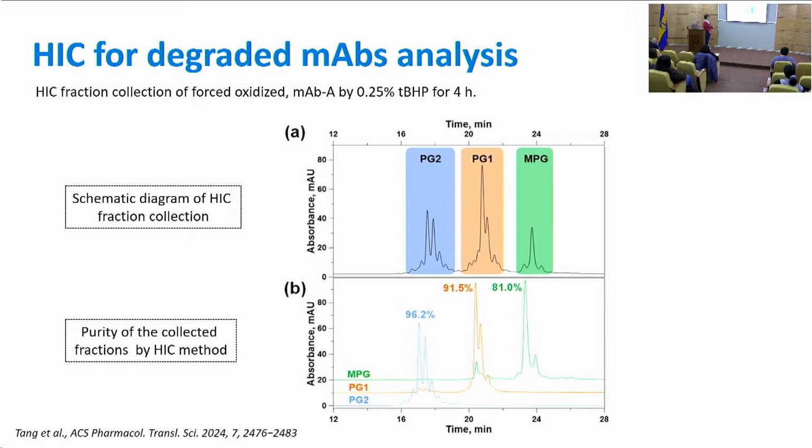after its reconstitution. So what are the main stresses for MABs? Sometimes acidic condition, light exposure, oxidation, and temperature.